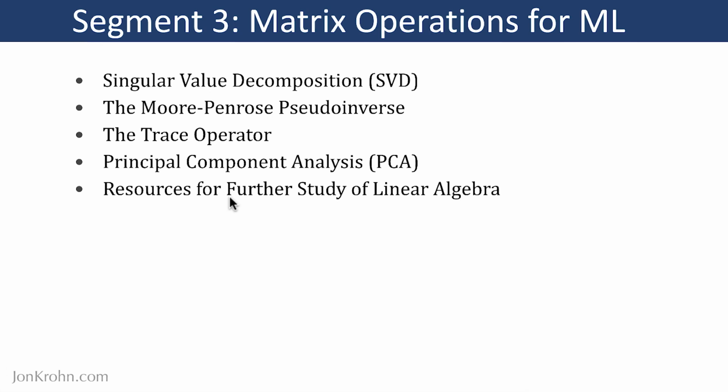And then just now we talked about my favorite resources for further study of linear algebra. So that's the end of segment 3 on matrix operations for machine learning, which is the final segment of subject 2 in the 8-subject Machine Learning Foundation series.